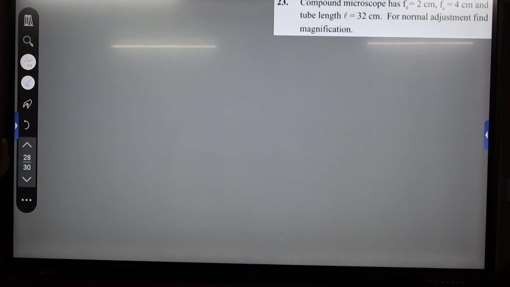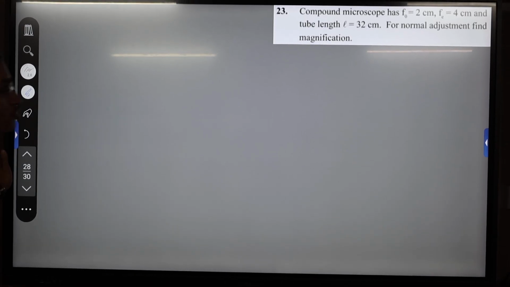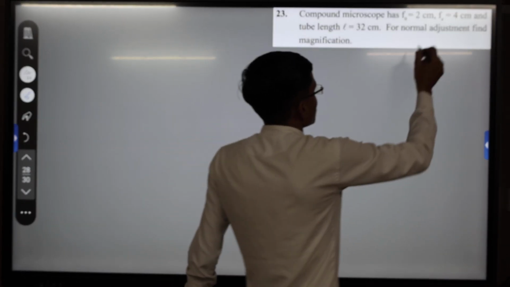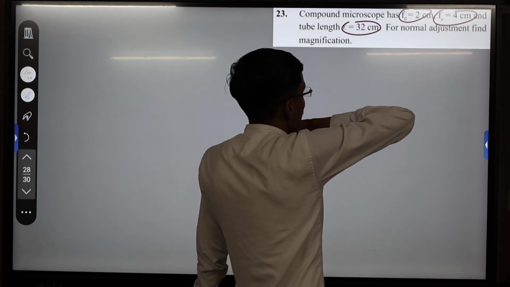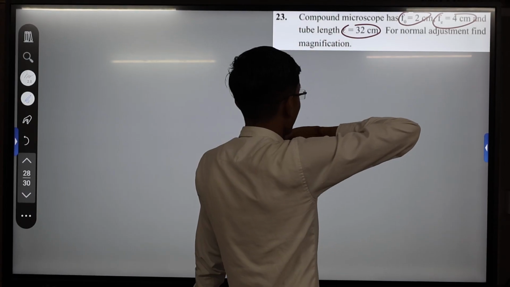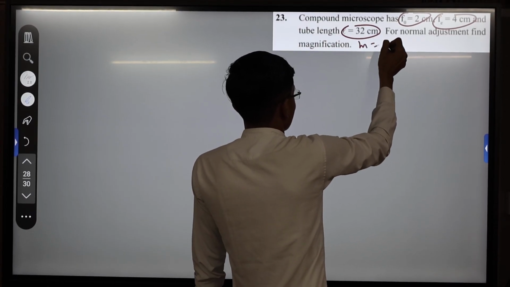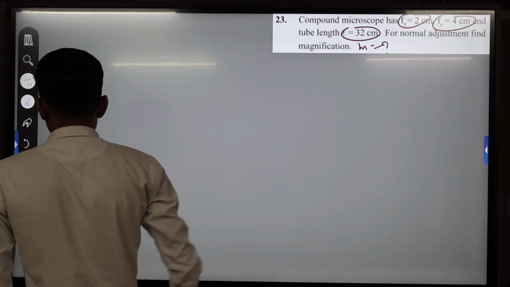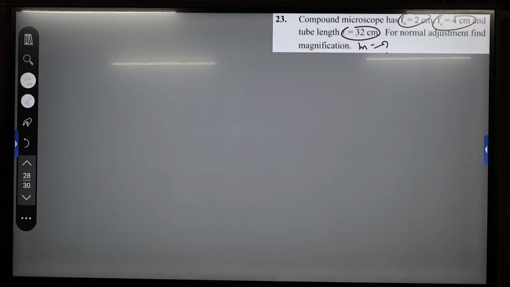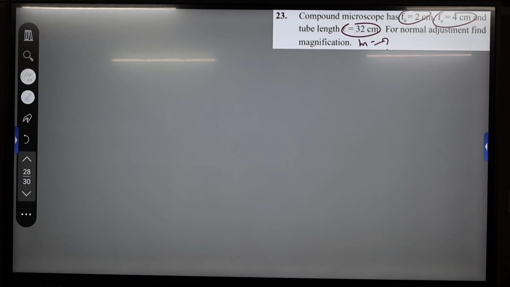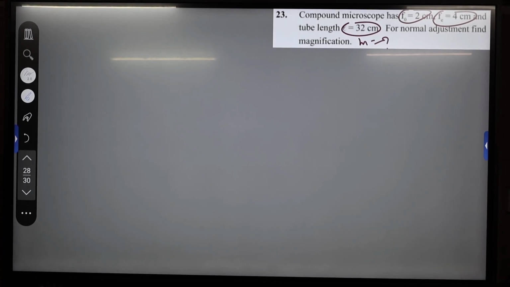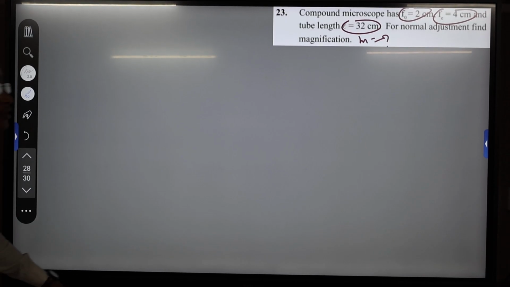Next question. A compound microscope has a focal length of objective 2 cm, focal length of eyepiece 4 cm. The tube length is 32 cm. For normal adjustment, find the magnification. Okay, for normal adjustment, if nothing else is given, then normal adjustment means we focus the image at infinite distance.